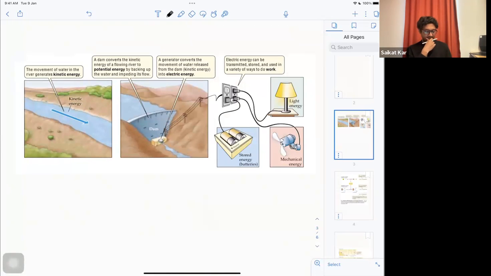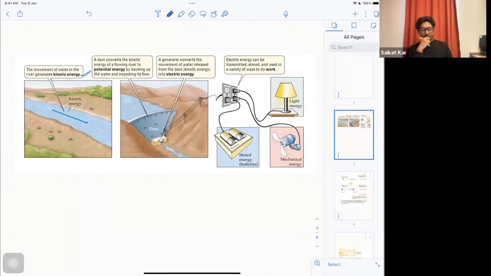You can understand the simple concept of a dam, the water, the movement of water in the river, it is associated with kinetic energy. I'll come to how it is connected to the cell, but first, let's see this part.